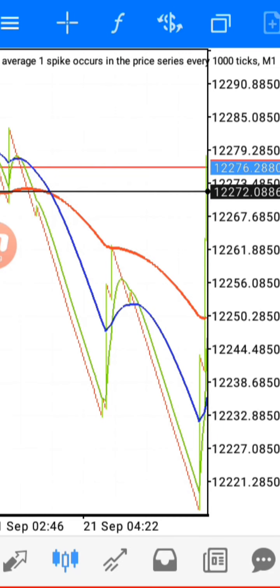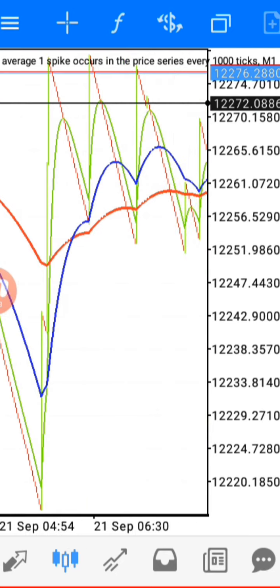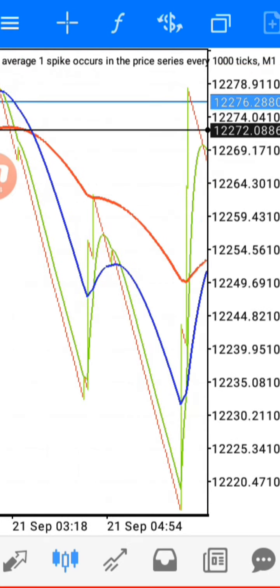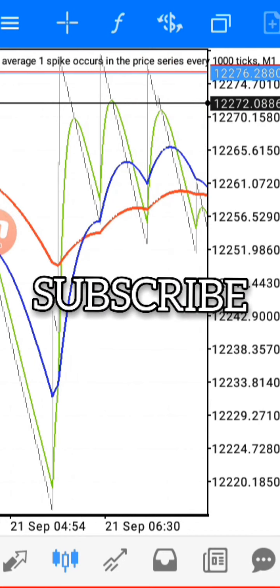So when the market is below the 200 EMA, you look for more sells, and when the market is above the 200 EMA like this, you look for more buys. And you can see that when the market is above, it's spiking real hard, but when the market is below here, we didn't have a lot of spikes. But immediately the market spiked and went up above the 200 EMA, you can see the series of spikes that we have here.